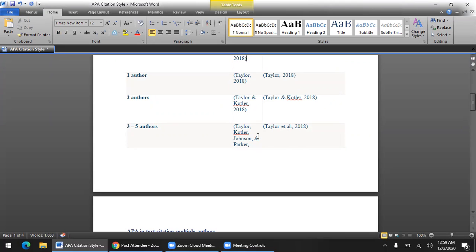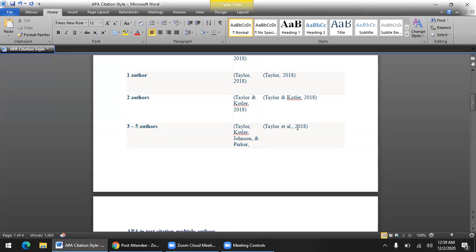You will not write all the names of the authors. Just write the first author's name, then et al., then period, then comma, then 2018. This is the simple way to cite in-text citations of three to five or more authors.